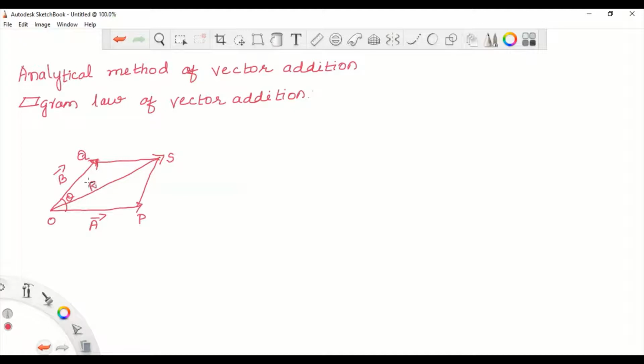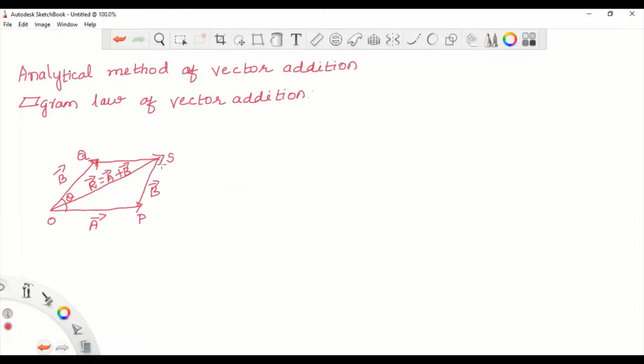We know that R vector is equal to A vector plus B vector. So this will be our B vector. Then according to the parallelogram law of vector addition, the resultant of A vector and B vector is represented both in magnitude and direction by the diagonal OS of the parallelogram. Now first we are going to find the magnitude of the resultant.